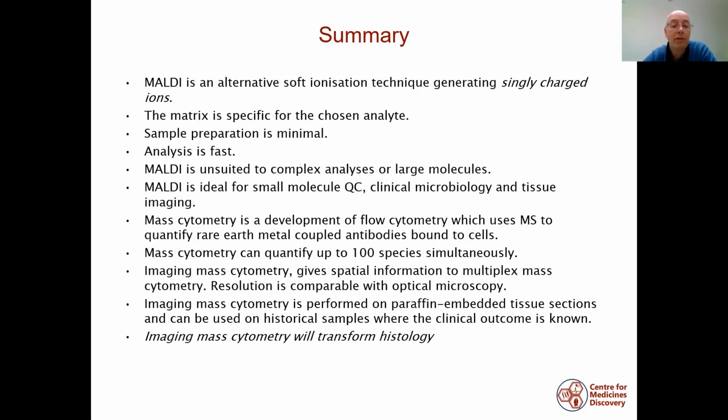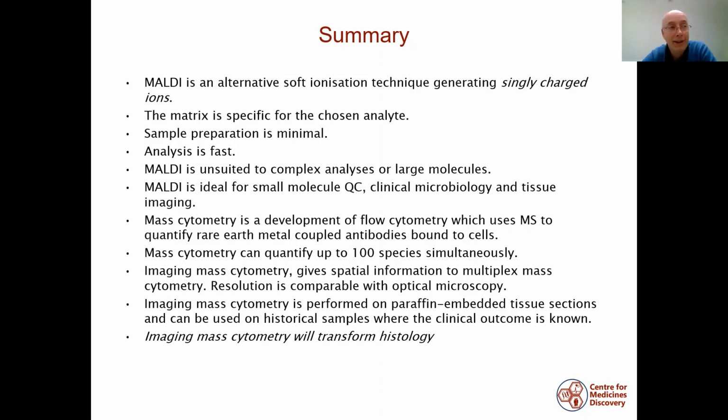One advantage of imaging mass cytometry is you can perform it on paraffin embedded tissue sections. These can be historical samples. So you could do this on a sample from a patient who died of a cancer many years ago.